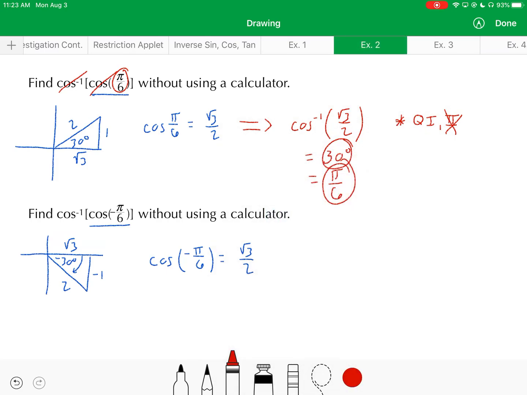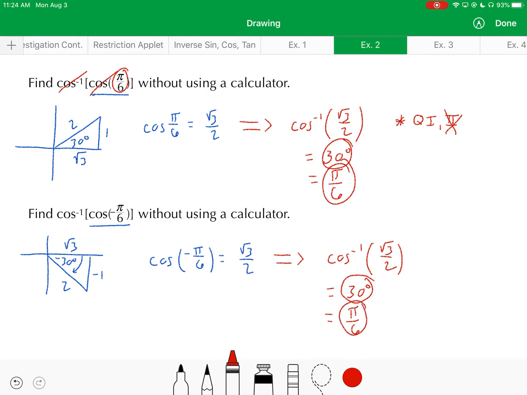I now take that result, I evaluate inverse cosine with it, and I'm going to get 30 degrees, or pi over 6, just like I did in the problem above.